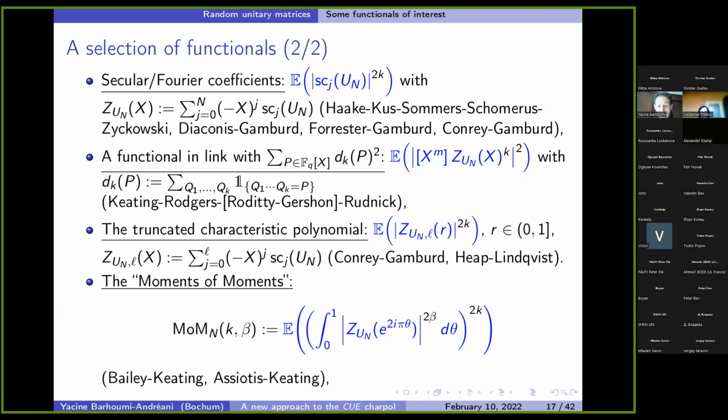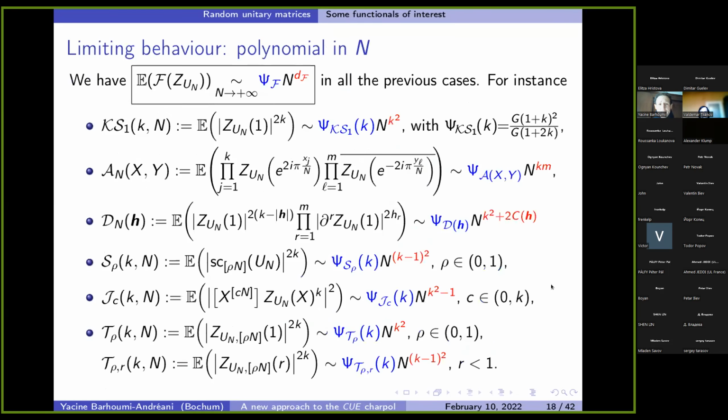You see that they depend on n. And now the type of result that we ask for is the limiting behavior when n grows. Namely, in all the cases you have something like a coefficient times n power an exponent. And in fact, you see, this is the Keating-Snaith functional, so the moments of the characteristic polynomial in one.